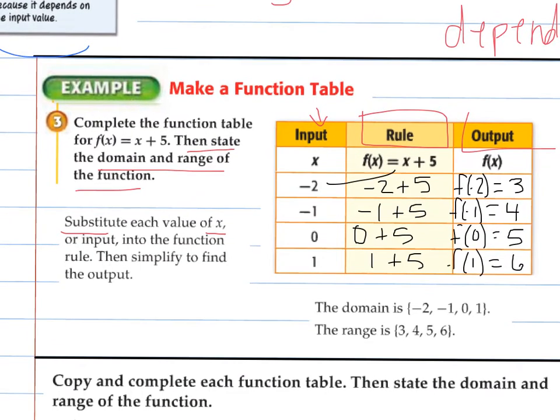So our domain then, we put them in these little special brackets. We list them with commas in our brackets. So domain is -2, -1, 0, 1. Those are our input values. Our range, our output values, are 3, 4, 5, and 6 for this specific rule.